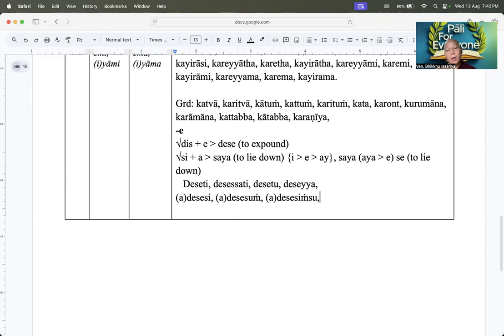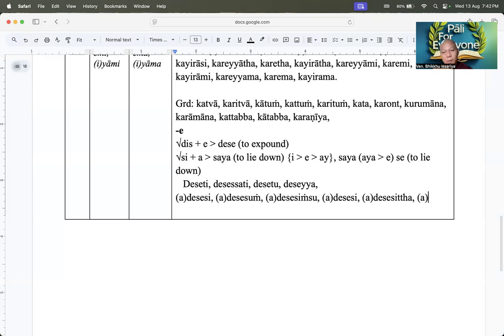And then R, D, C, C, second person singular. And then, so second person plural, R, D, C, ta.